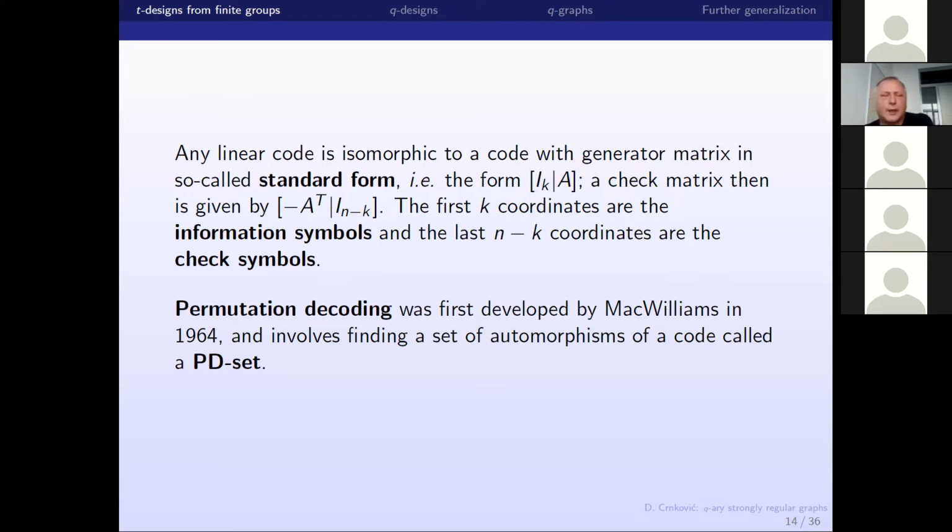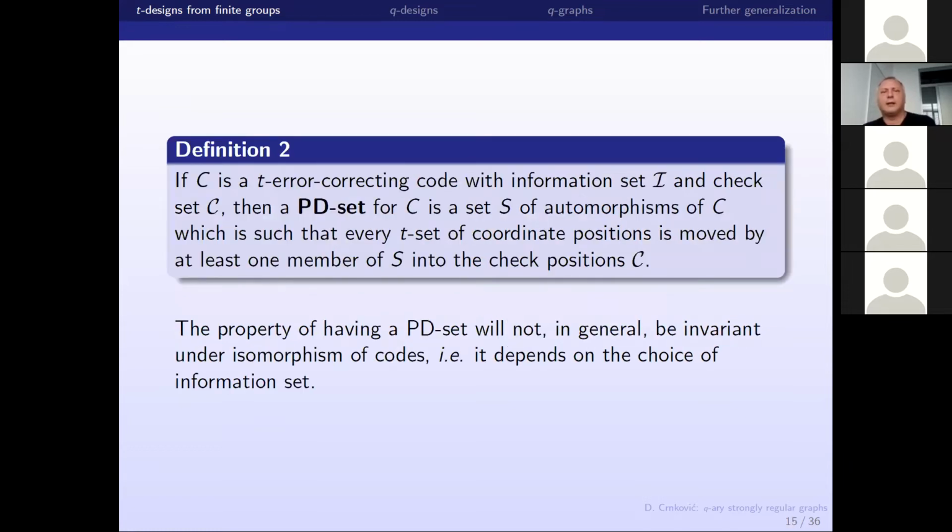So in this permutation decoding, we need something called a PD-set, and this is the definition.